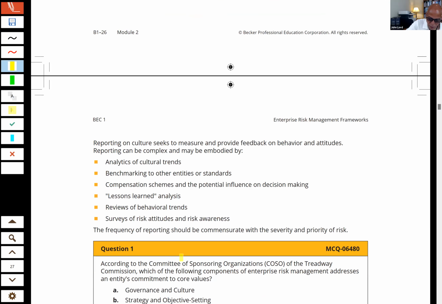And then reporting on culture seeks to measure and provide feedback on behavior and attitudes. So, for example, benchmarking to other entities or standards, compensation schemes that potentially influence decision making, lessons learned analysis. So all of these things would go into how you would report on the enterprise risk management.